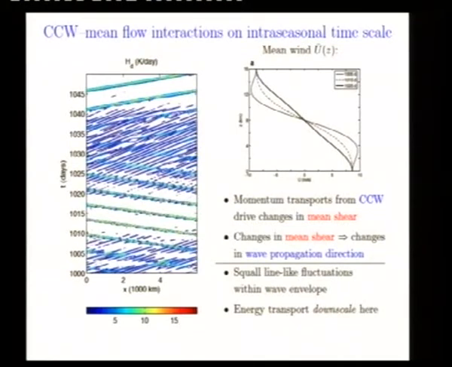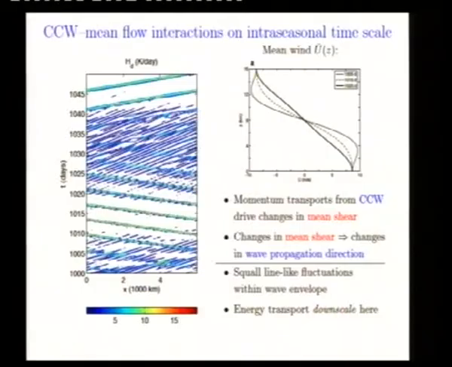And at the same time that these waves are forming and dying, the mean wind changes. We start off down here with the thin solid line, the one with a low-level jet. When there's this low-level jet, it is the westward propagating wave that seems to be favored, but that wave has momentum transports, and those are going to damp this jet and give us a more or less linear profile.